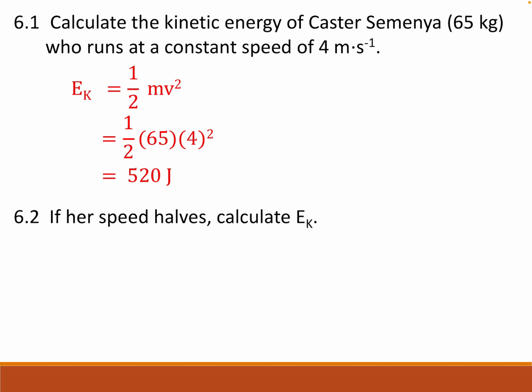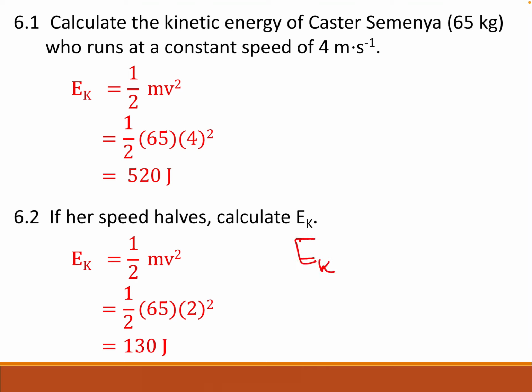It's not going to be half. Pay attention. If her speed halves, it's now 2. Her kinetic energy is now only 130. It's 4 times smaller because EK is directly proportional to v squared. So it's a quarter. Very, very important.